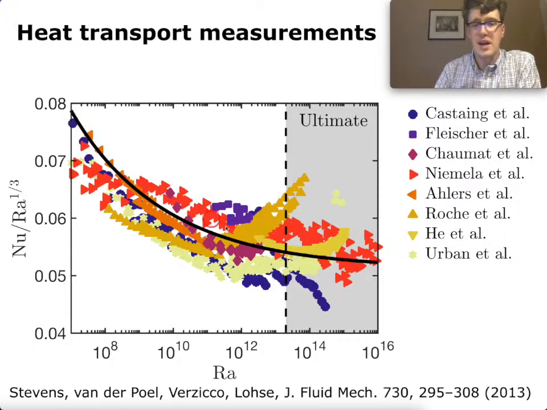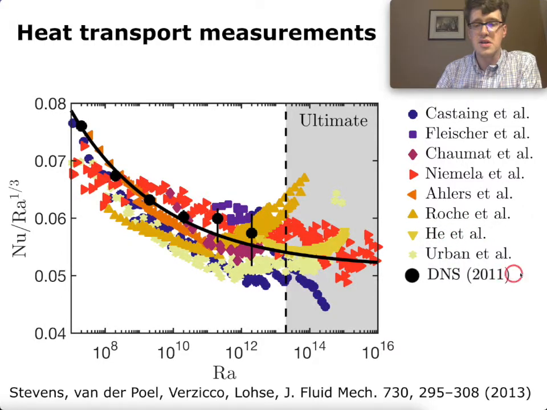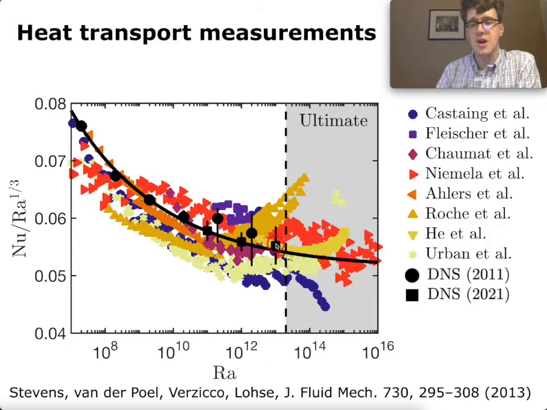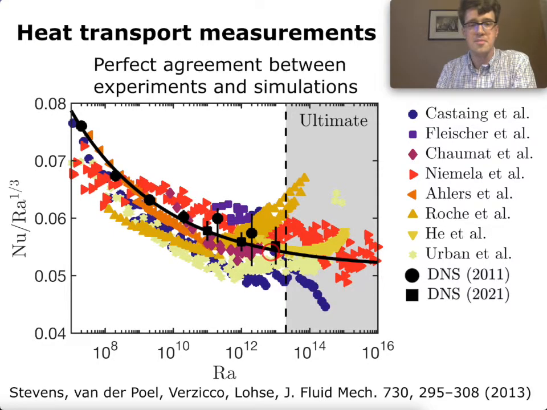The black line here is the prediction according to the unifying theory for thermal convection, agreeing perfectly also with these Göttingen measurements, as well as the simulations that we are performing in this project. These are older simulations, and we see that these newer simulations are even better agreeing with this theoretical prediction, as well as these latest measurements in Göttingen, having perfect agreement in the overall heat transfer properties in the system in experiments and simulations.